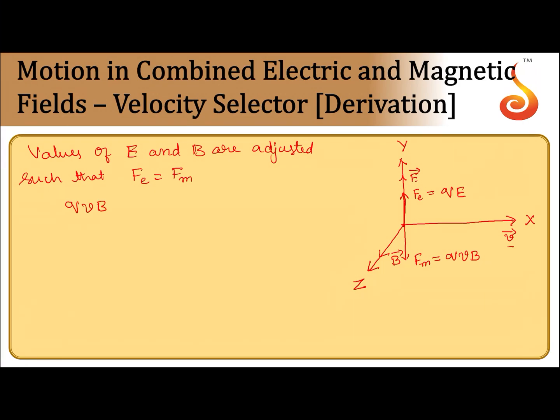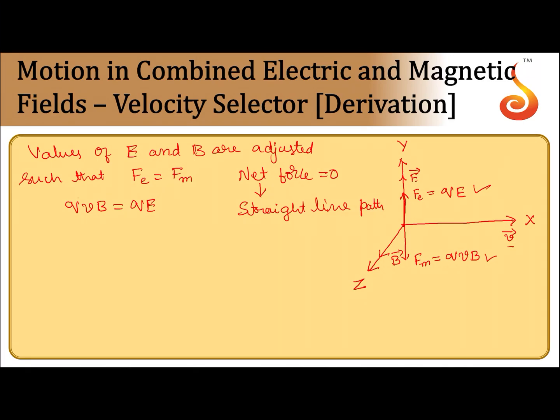QVB will be equal to QE. When these two forces are equal, net force on the charged particle is 0, right? So net force is equal to 0, then it moves in a straight line path. It moves in a straight line path without getting deviated, right?